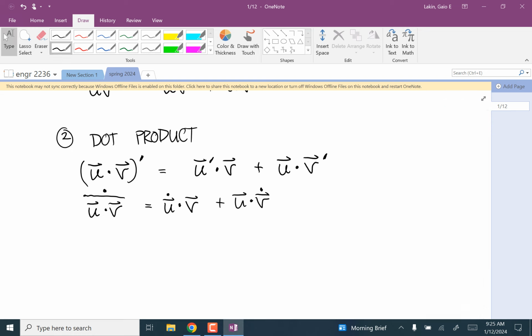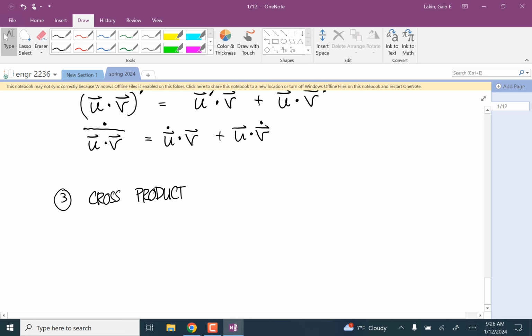Okay, so the last one is the cross product. So let's say that you have a vector u crossed with a vector v, and you want the derivative. That is u derivative crossed with v plus u crossed with v derivative.